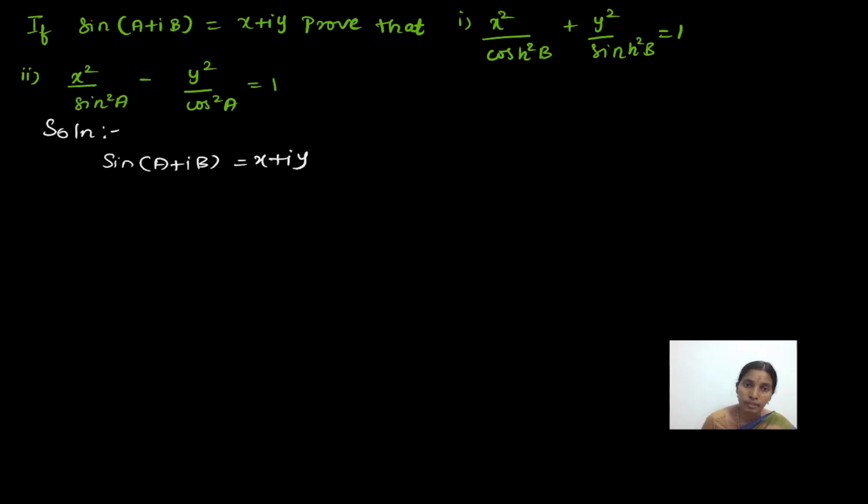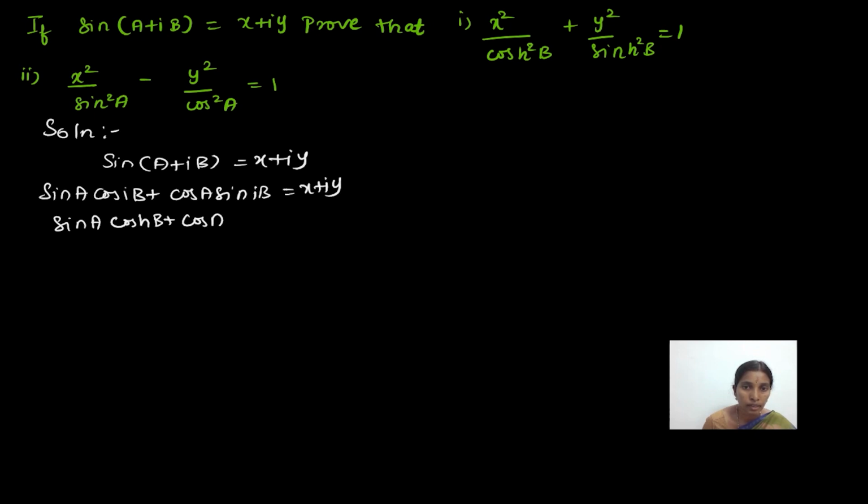Substituting the formula for sin(a + ib): sin a cos ib + cos a sin ib = x + iy. Sin a cos ib is nothing but sin a cosh b, and cos a sin ib is nothing but i cos a sinh b, equal to x + iy.